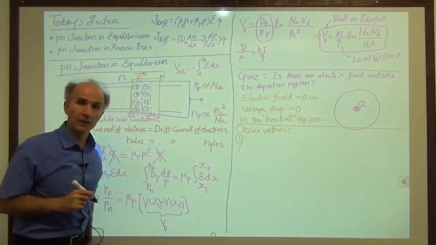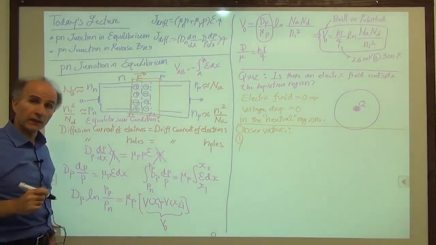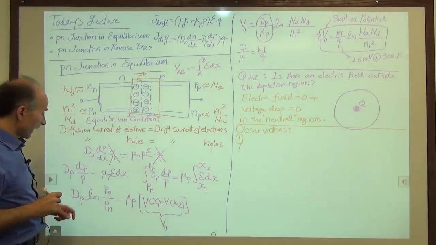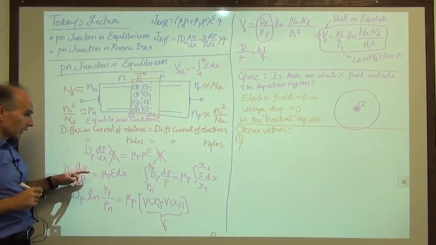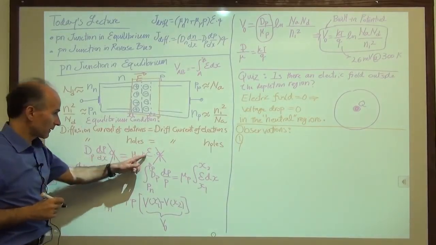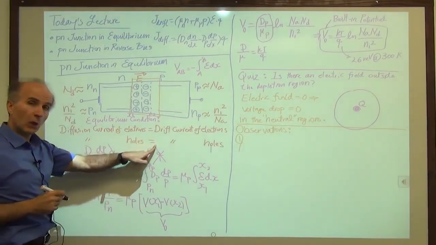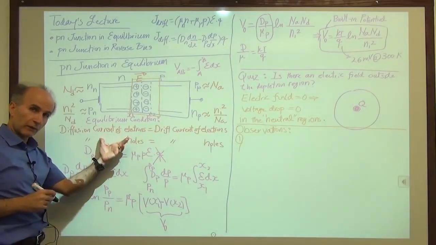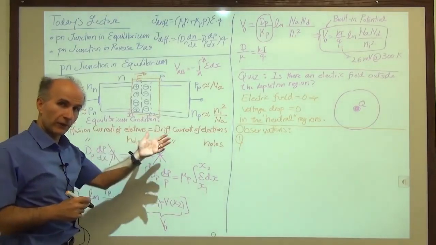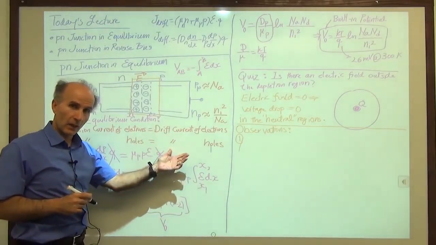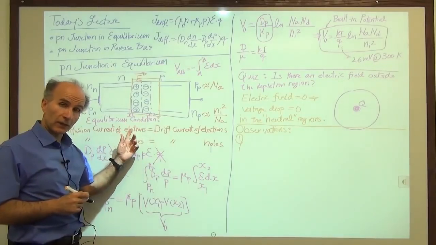Okay, first observation. You might be wondering that I wrote these equations from this condition for holes. Diffusion current of holes must cancel the drift current of holes. I never wrote the equation for the electrons.